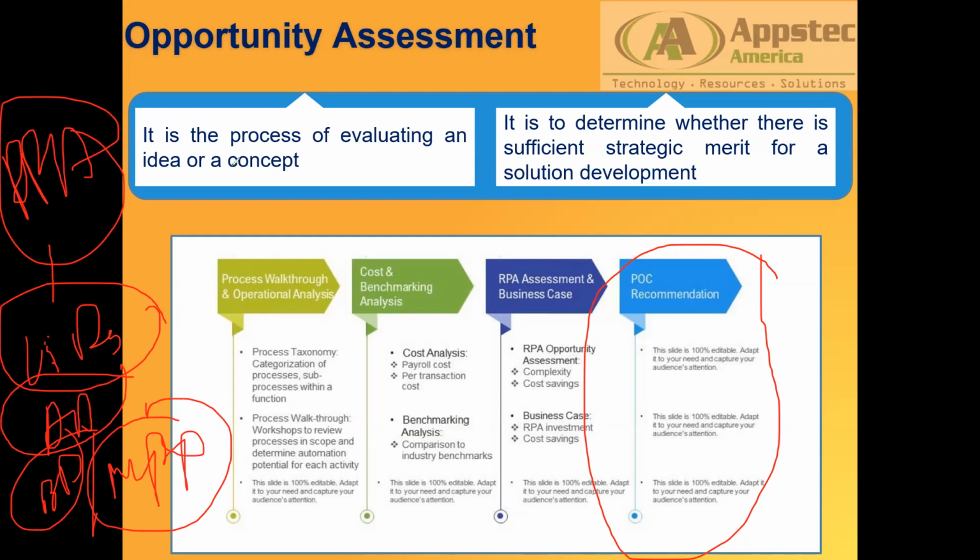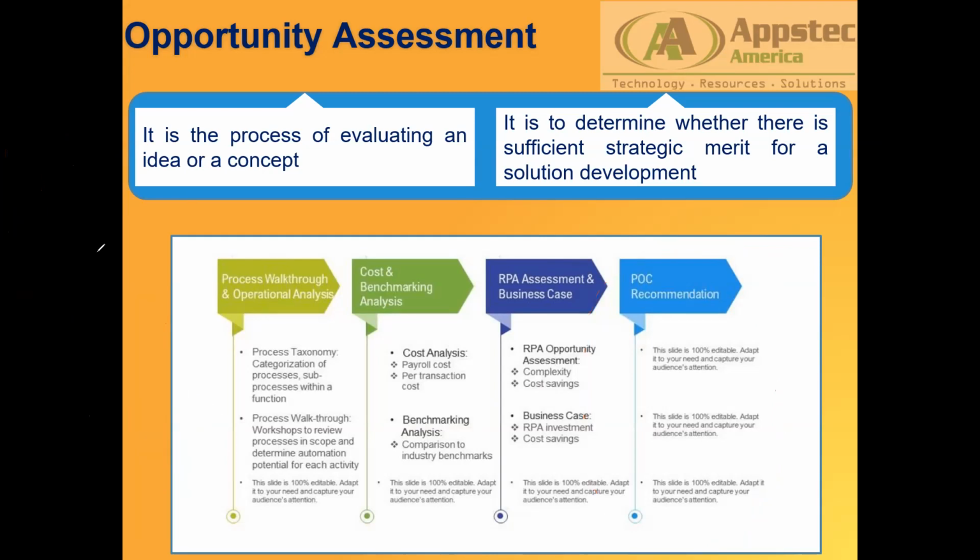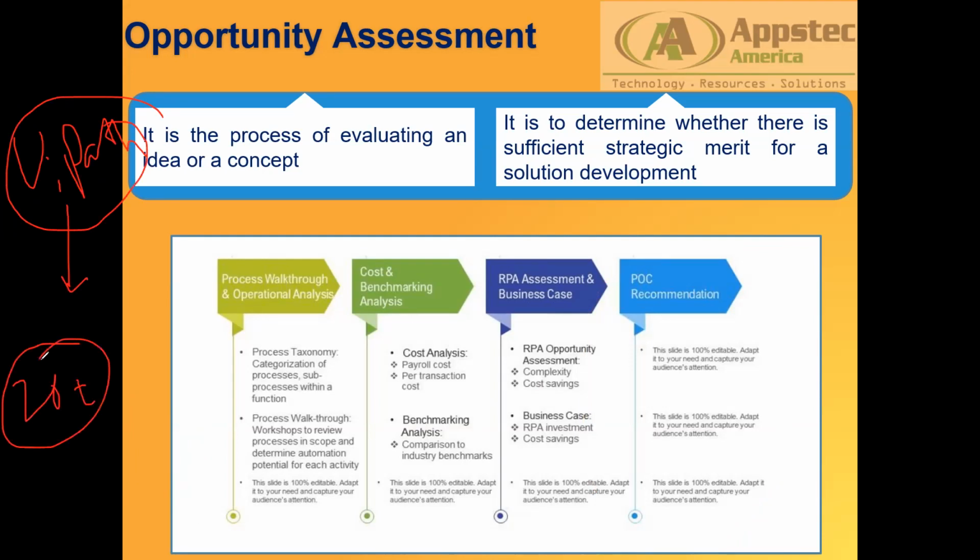Correct. So in that case, what companies do is they will go and ask, hey, let's say I go and talk to UiPath and I say, hey, I am a firm, I'm having around 20 plus projects that need to be automated using RPA. So can you develop a proof of concept? A proof of concept is nothing but a minimum viable product kind of a thing. Let's say I'm trying to automate an accounts or finance process.